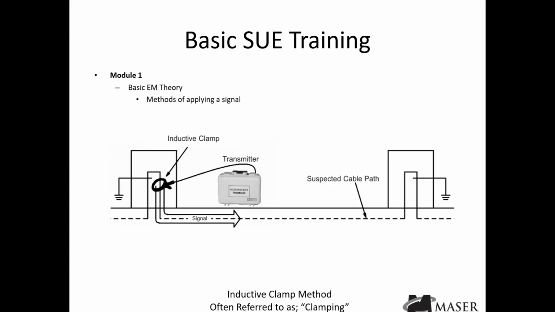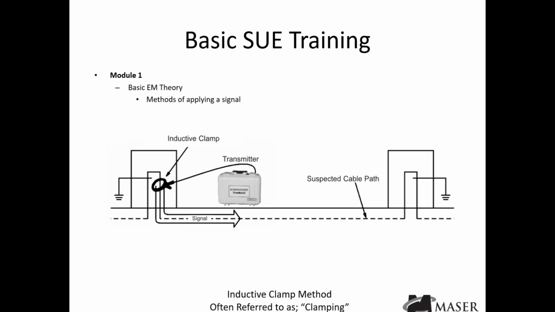Another way is inductive clamp or clamping. The majority, if not all, of these transmitter systems have the ability to connect an inductive clamp to them. So you don't need an independent ground. Essentially, you just plug it into the transmitter box and clamp the clamp around the target facility, around the cable, around the conduit, and it will induce that signal.